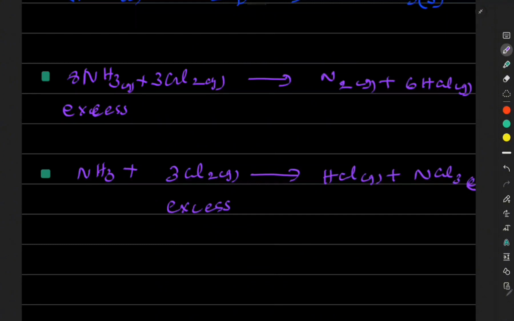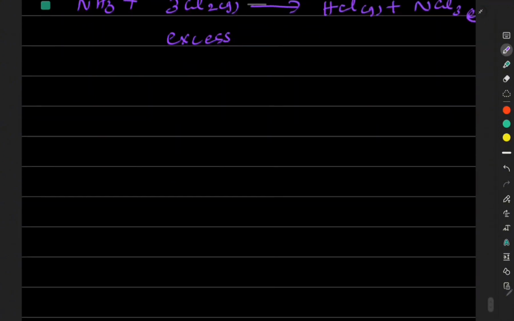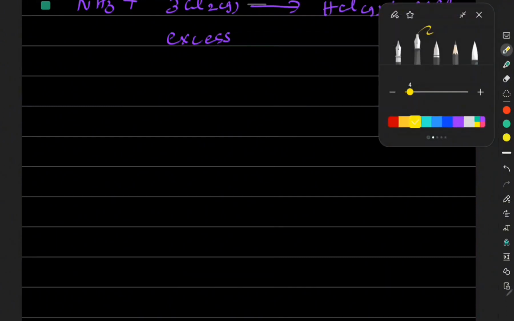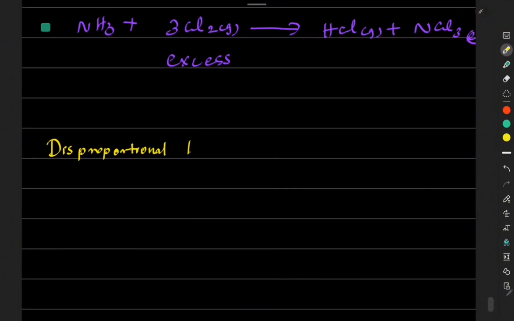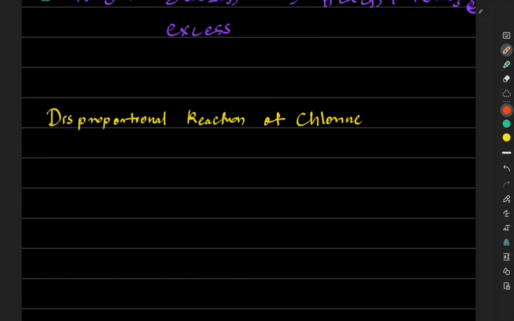Our next subtopic is the disproportionation reaction of chlorine. When chlorine is reacted with water and bases, it is reduced as well as oxidized simultaneously.